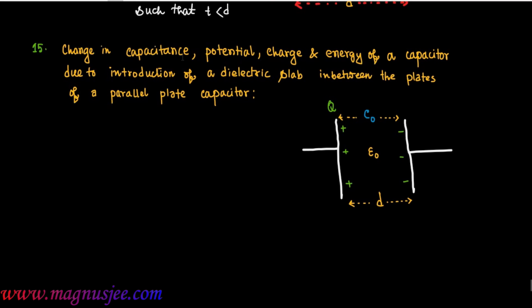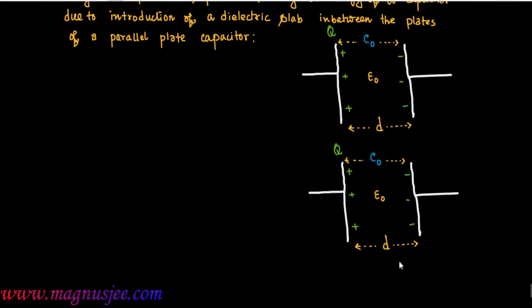Now we can draw a parallel plate capacitor with a dielectric slab. This is the dielectric slab which is introduced in between the plates of the parallel plate capacitor. t is the thickness of this dielectric slab, and d is the distance between the two plates.